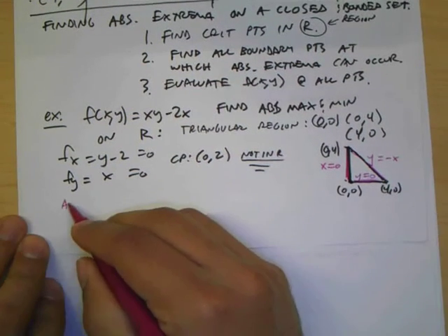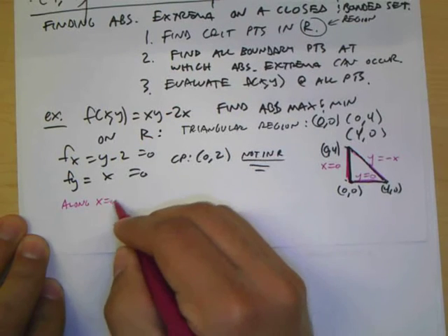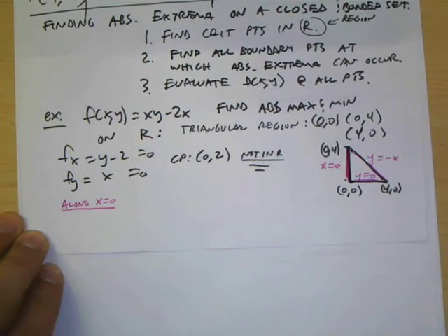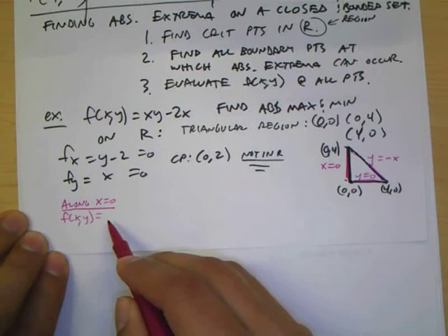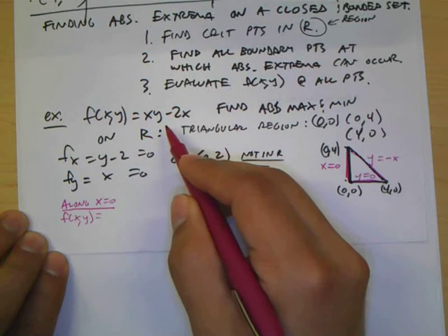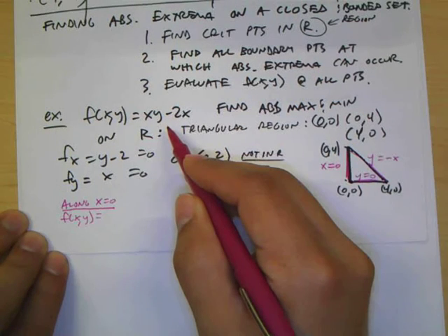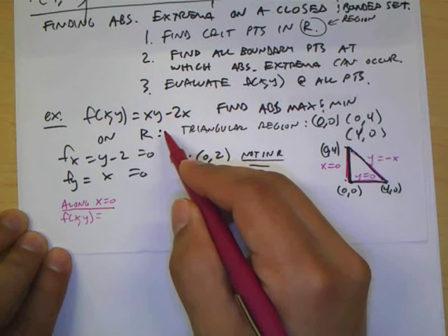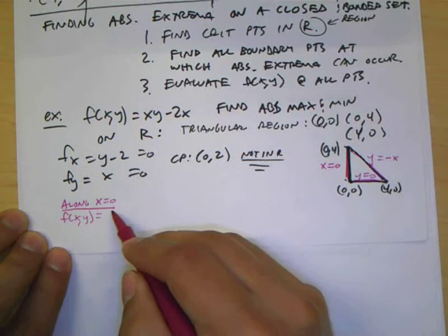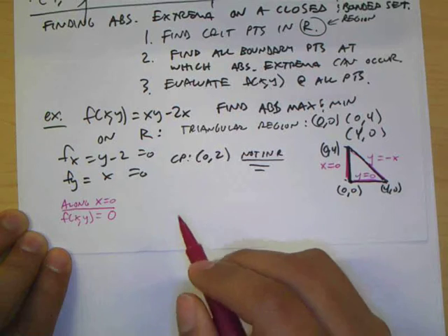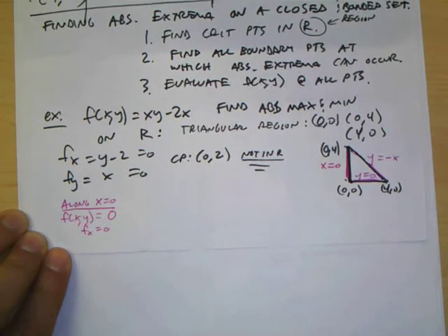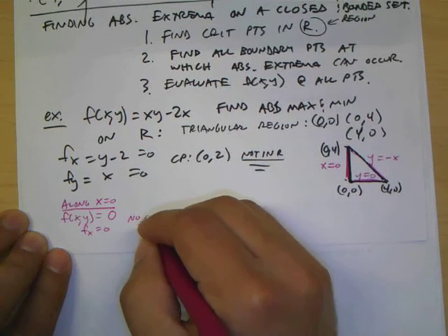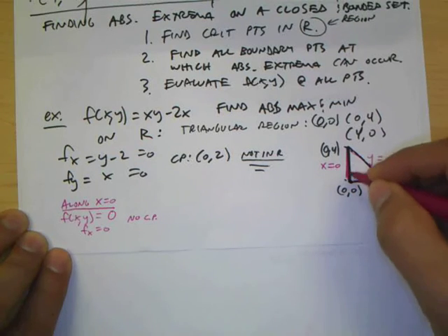So now along x equals 0, what's f of xy going to be? It's 0. It's just going to be 0. Which means that when you do partial x, it's automatically 0. There's no x value to set equal to 0, so there are no critical points on the boundary itself.